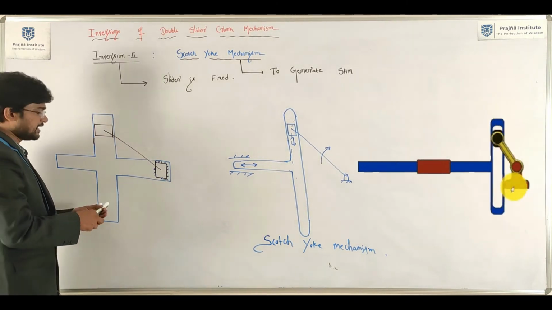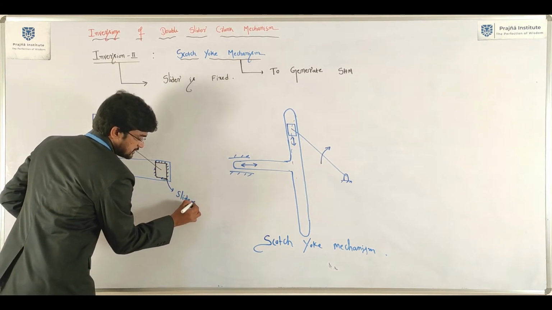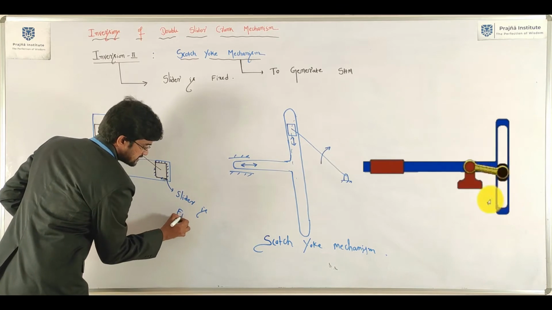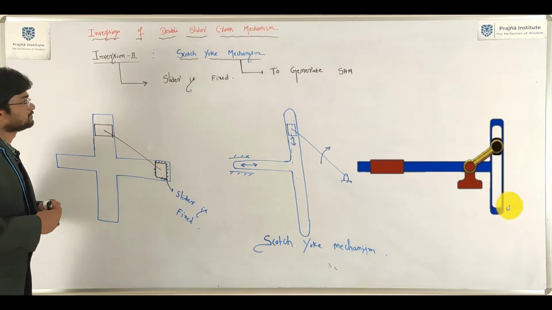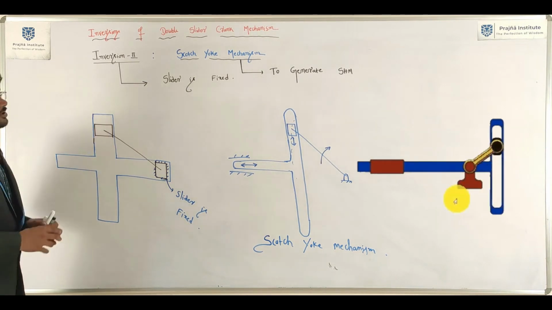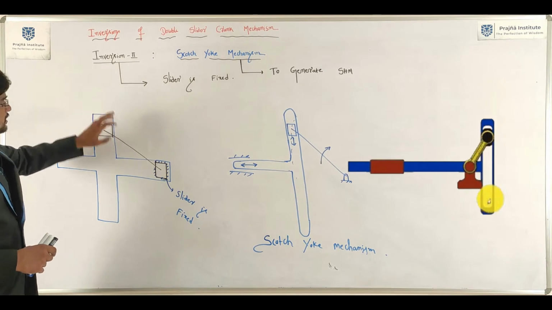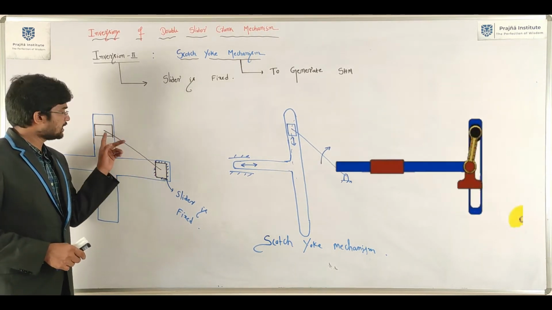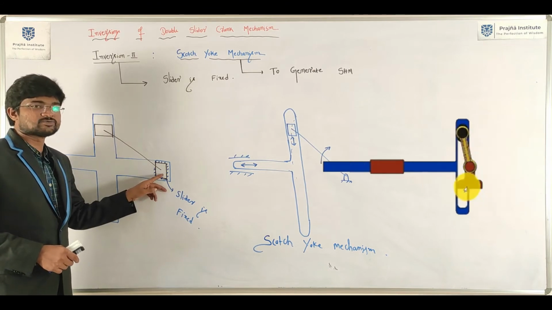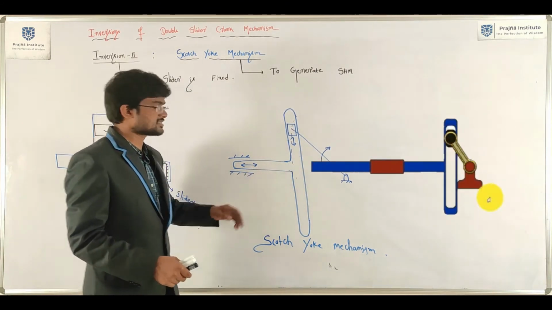Here we are fixing the slider. Slider is fixed. Nothing great here, just on which link is fixed. Slider is fixed. A link which is adjacent to the shortest link is fixed. One crank is there, another slider.